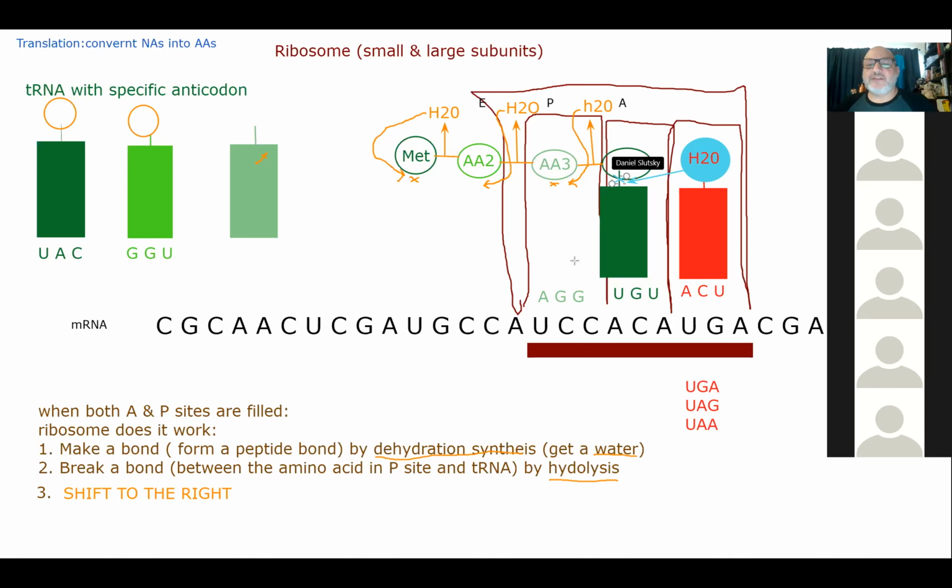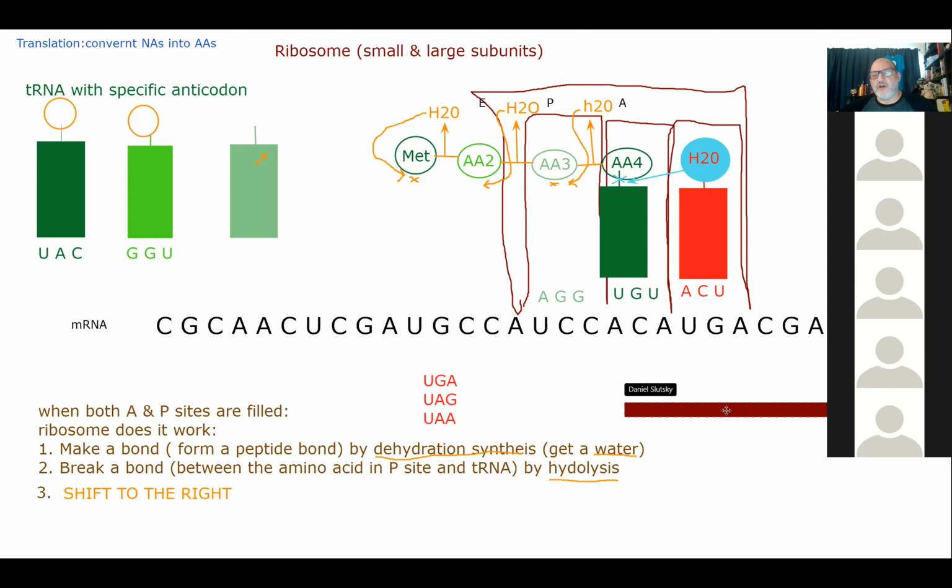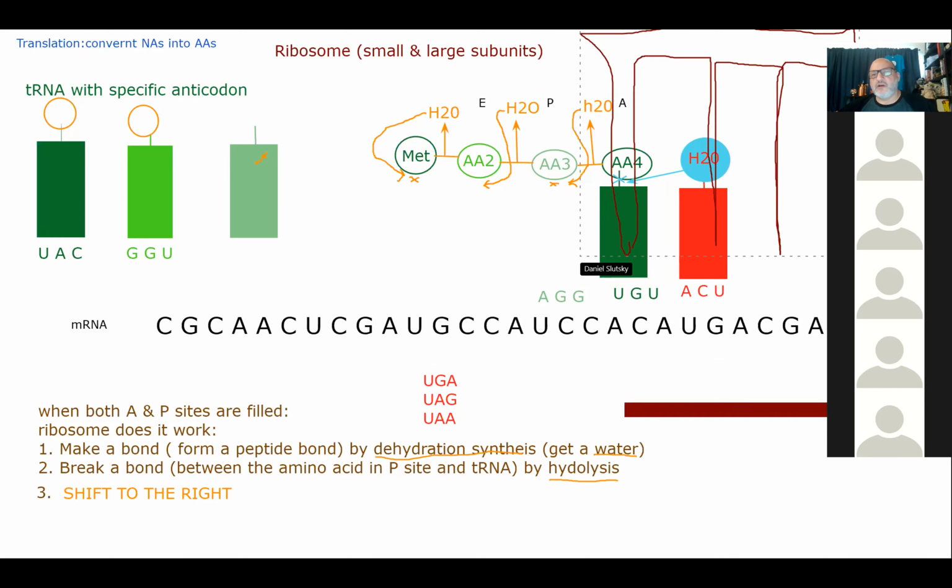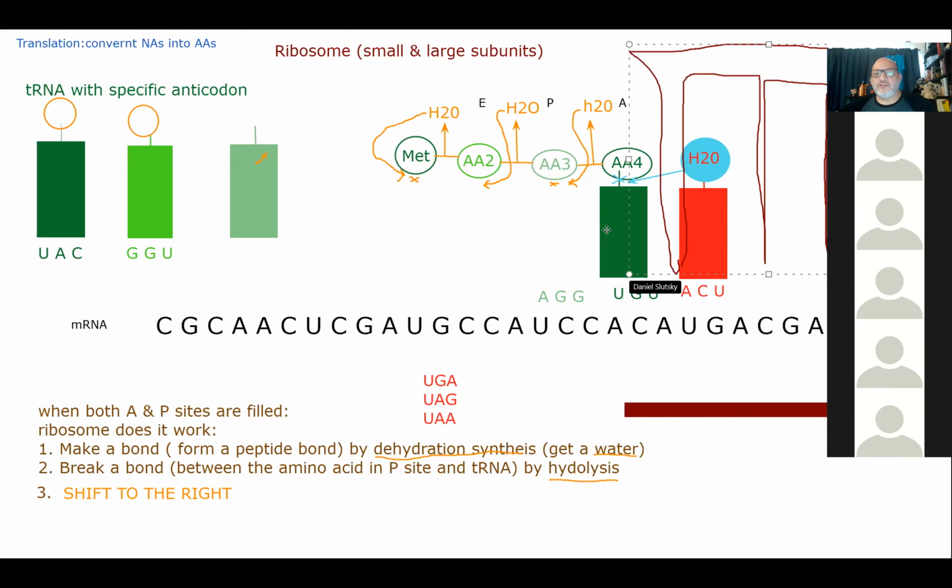Notice when this breaks the bond, is there anything holding this together anymore? No. And so our small subunit, our large subunit, and the transfer RNAs are all going to go away.